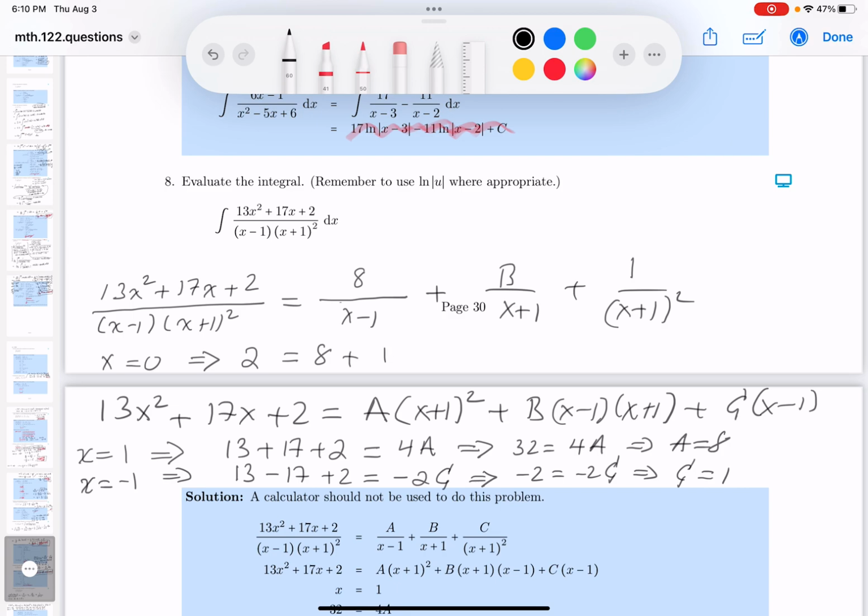B, I don't know what B is, but I get minus 1 times 1, which is minus 1. Plus, what's C? C is 1, and if I plug in 0, I get minus 1. Let's keep going. You get 2 equals 8 minus 1, which is 7, and this is going to be minus B. So B would have to be, let me see if I did that right, 8 minus 1 is 7, so B would have to be 5.